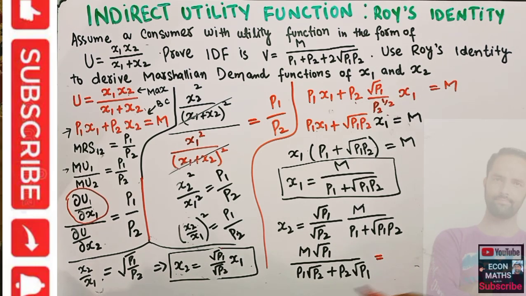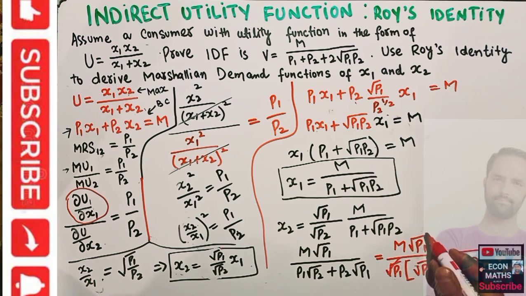So writing this again, let us take p1 common. Let me write it here, so m under root p1 divided by, if I take under root p1 common, I will be left with under root p1. Okay, and we have under root p2 here, plus I have, if I take this p1 common, so I am left with p2 only.